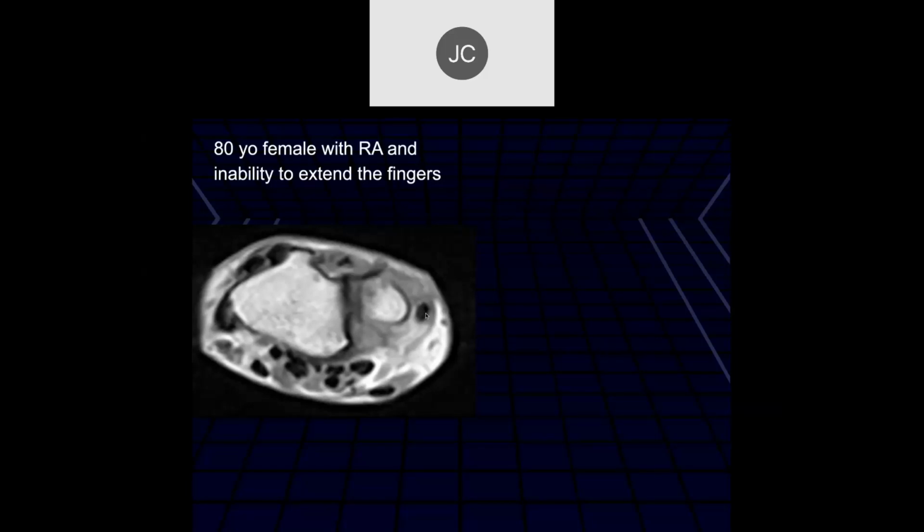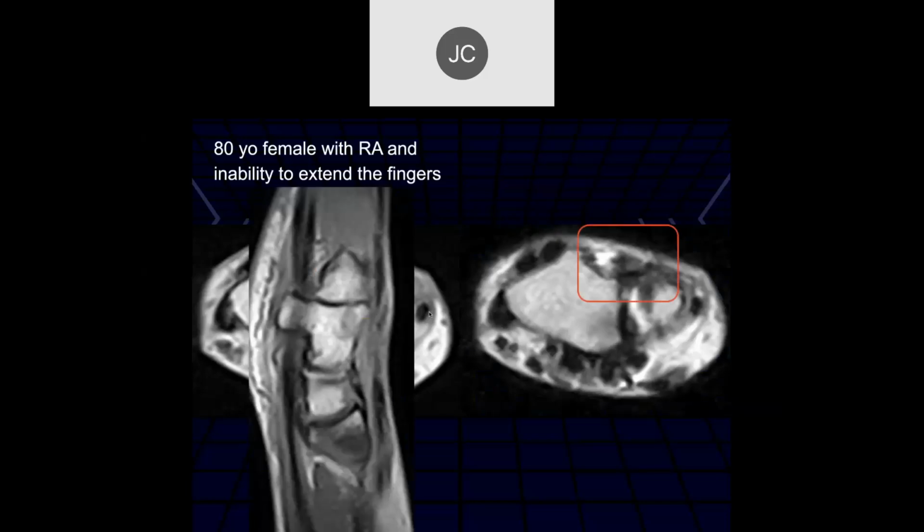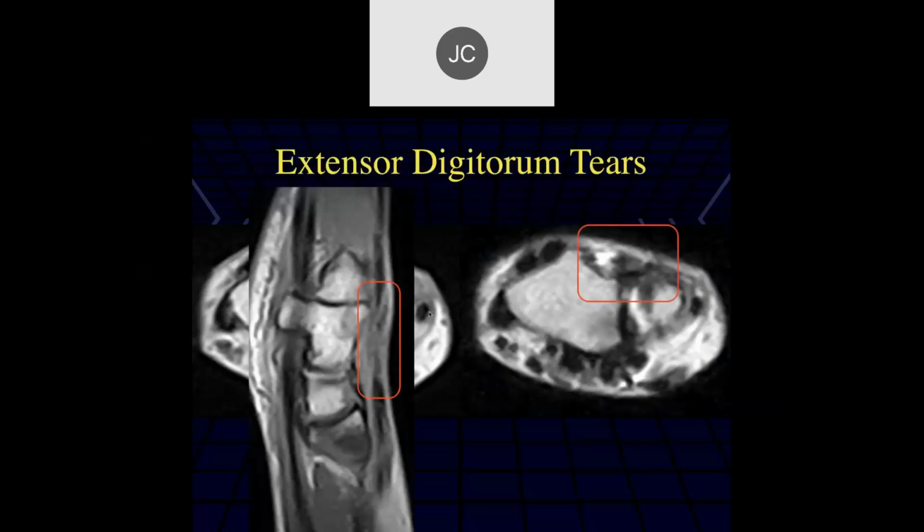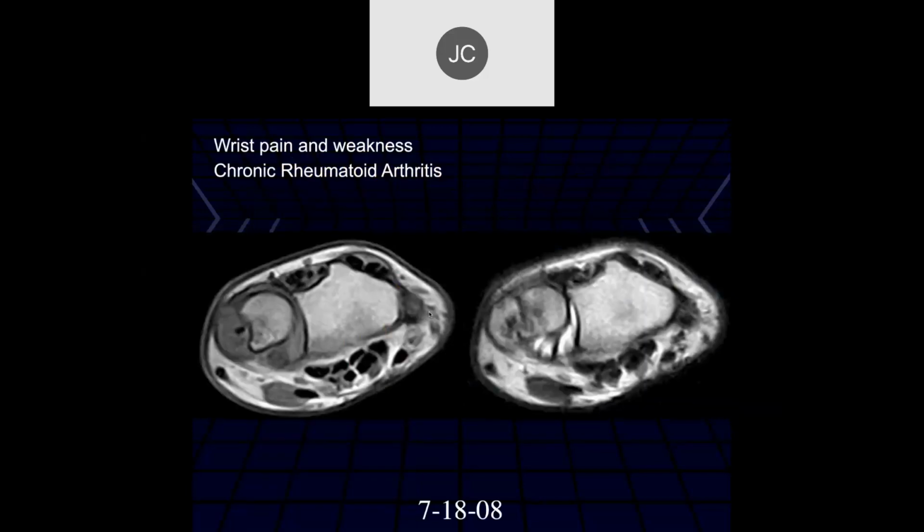So instability of the ECU, really destruction of the subsheath and even the overlying retinaculum, can occur in rheumatoid arthritis, and it generally is not a source of significant patient symptoms. But I mention it anyway in the report. So these are extensor digitorum tendon tears from chronic inflammatory disease.